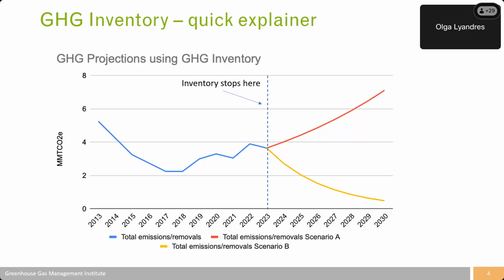And so you could potentially see an increase in that inventory emission line, which is shown by the red segment, or a reduction shown by the yellow segment. But what we are focusing on right now in this project is looking at what has happened to date so far. So, looking back and estimating emissions that have already occurred for each year. Next slide, please.